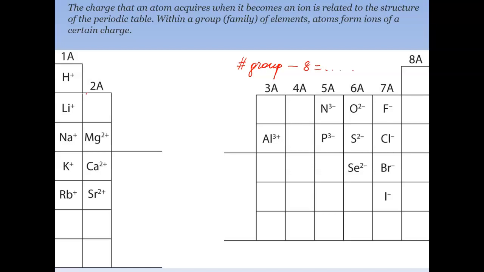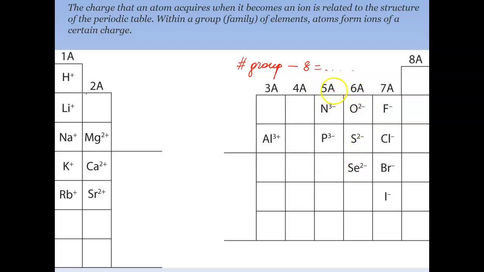So let's check. For elements from group 7A, like fluorine, chlorine, bromine, and iodine, their stable negatively charged anions will have a -1 charge. Okay, for group 6A, the stable charge will be 2 negative.